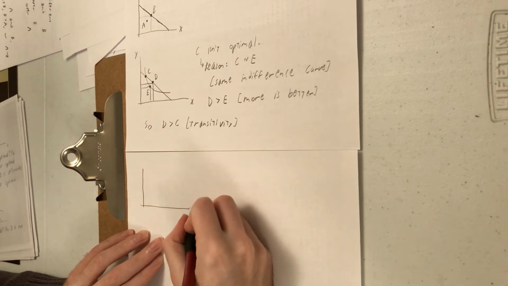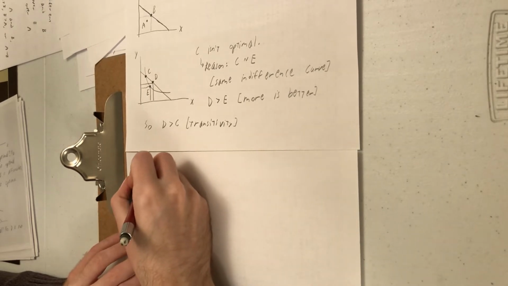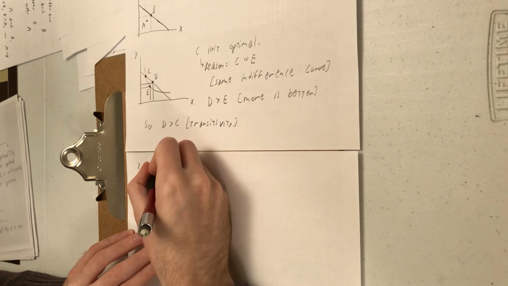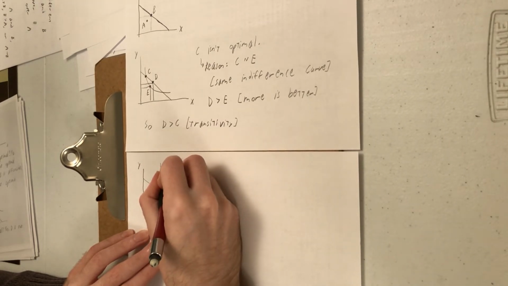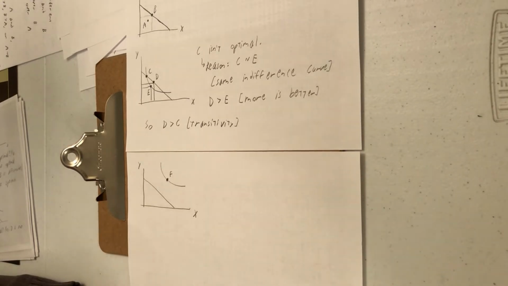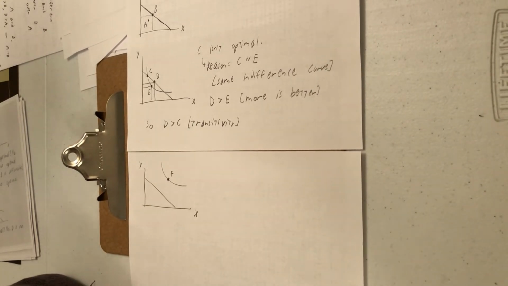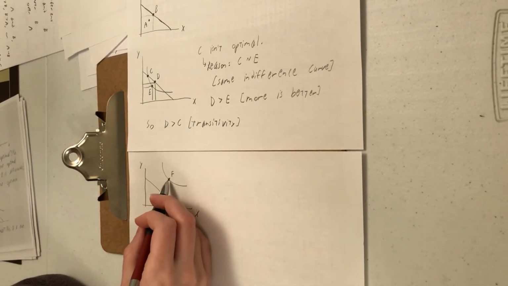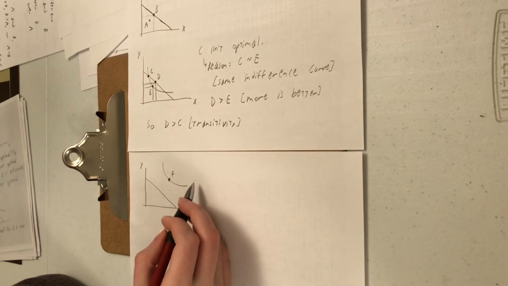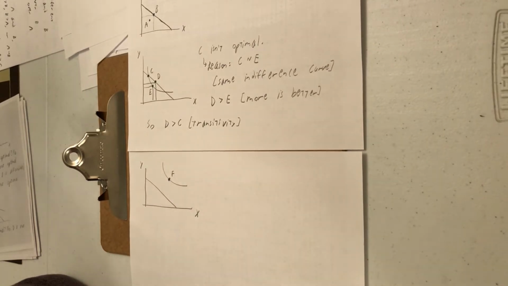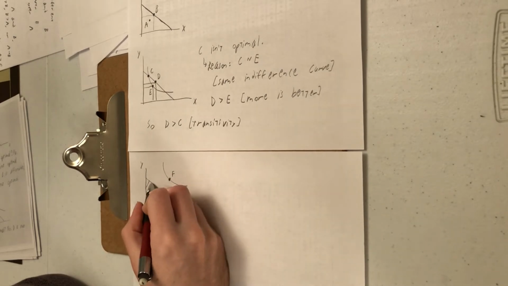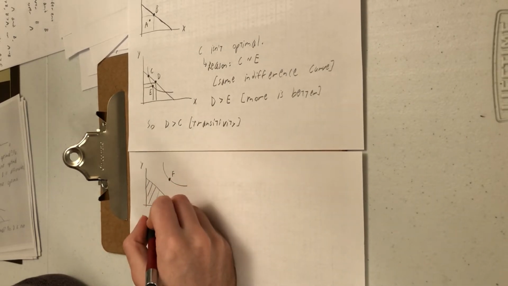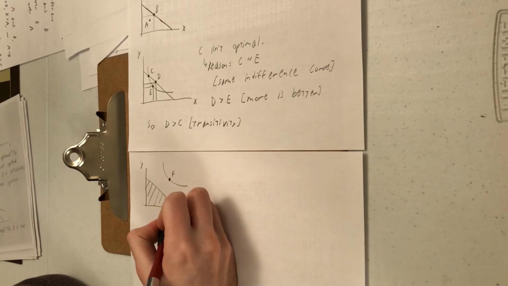Another possibility to rule out: we have some bundle way out here. Let's call it bundle F. That's also not optimal. It's great that it's very far out. Remember, more is better, so we want to be on the highest possible indifference curve. Unfortunately, F is just not in the range of things we can afford. We can afford everything on the line or inside it.